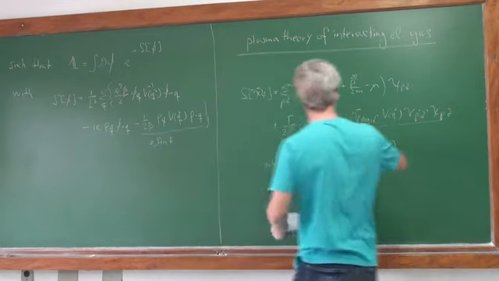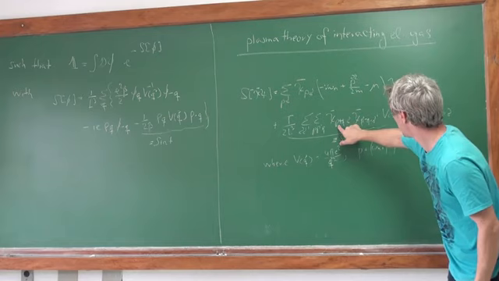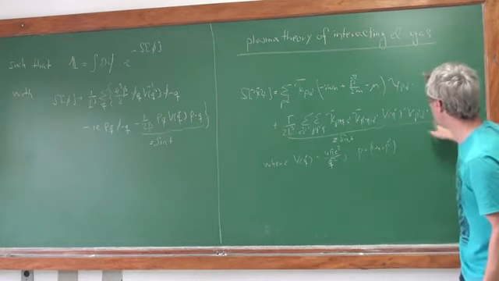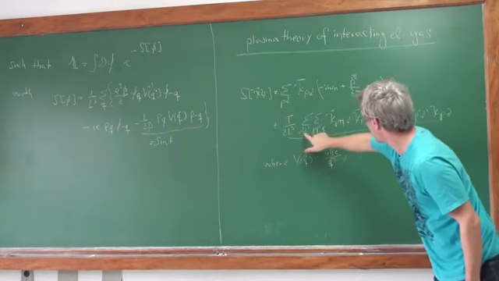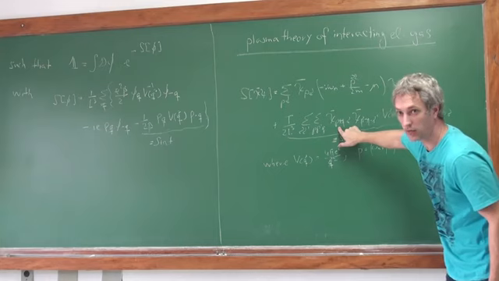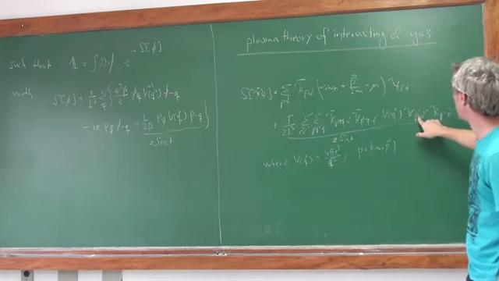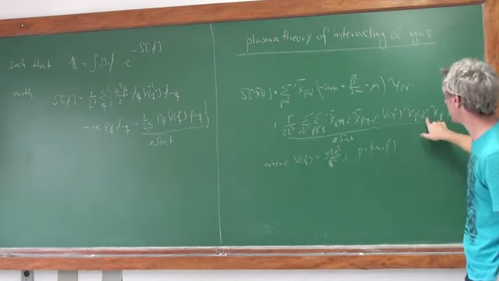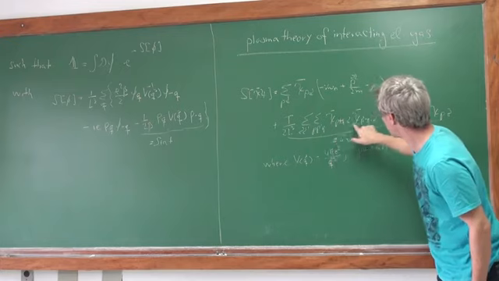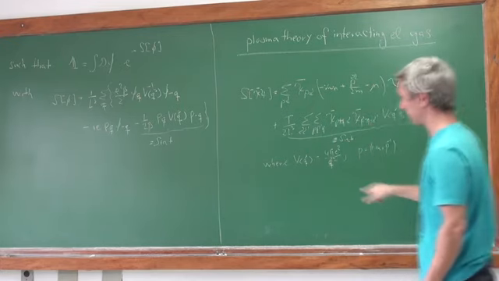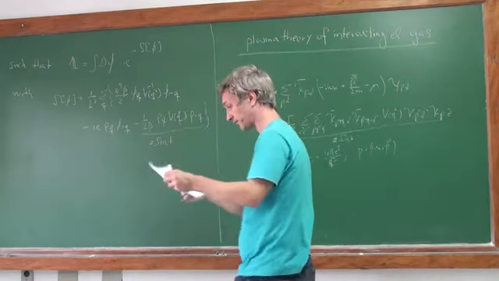The interaction term has here p plus q, and the p, with this sum over sigma in p, gives you one rho of q, and then there is a p prime minus q, and p prime is summed over sigma prime. So this sum will give you a rho of minus q. So this is exactly what is written here.